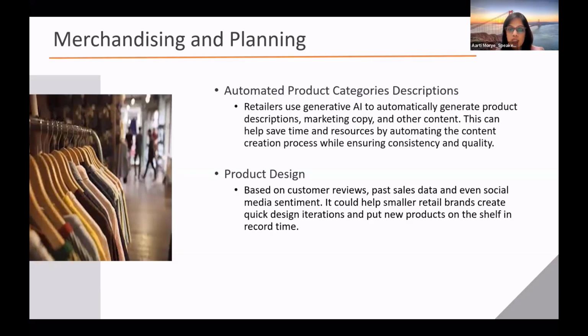It is very important that the consistency is maintained so that the brand is recognized properly throughout all of those channels, and that takes a lot of effort. Sometimes those product descriptions are vague, they do not do justice to the product that you're selling, and that brings down your brand value. Using Gen AI, retailers can automatically generate product descriptions. They can create marketing copies and other content. This can help them save time and resources by automating the content creation process while ensuring consistency and quality.